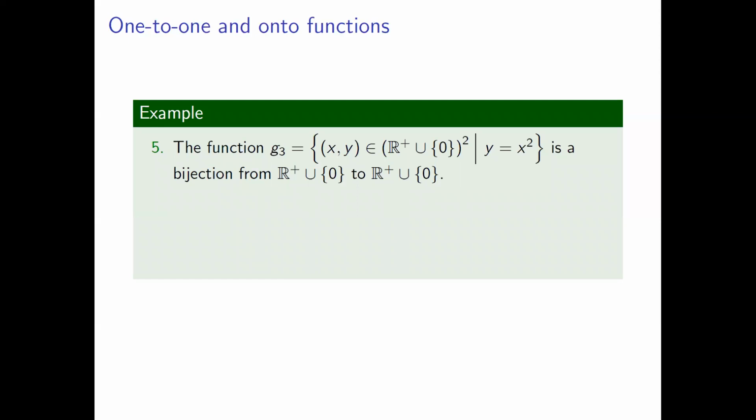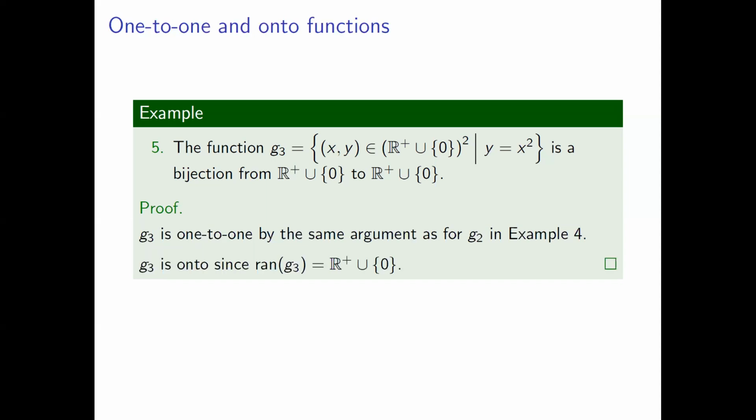Consider the function G3 consisting of all ordered pairs (x, y) of non-negative real numbers satisfying the equation y equals x squared. Then G3 is a bijection from the set of non-negative real numbers to the set of non-negative real numbers. Indeed, we can show that G3 is 1-to-1 by the same argument used for G2 in example 4.